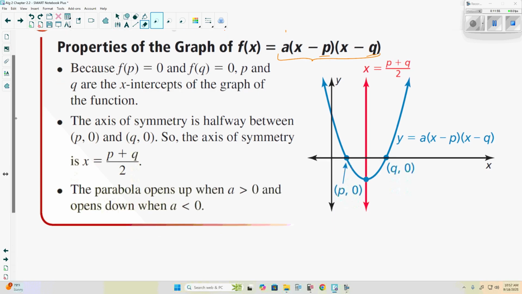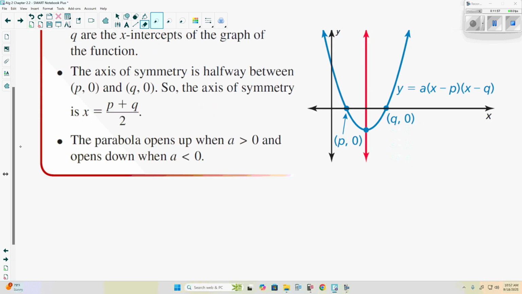Now, just like yesterday, we will find the axis of symmetry. And our axis of symmetry is given to us by the equation x is equal to p plus q over 2.